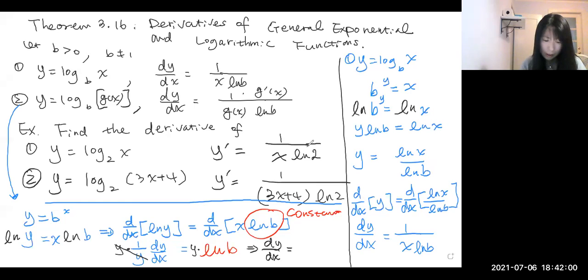Y in this case is b to the x power. Can you see that here? So we have b to the x power, then we have ln b.